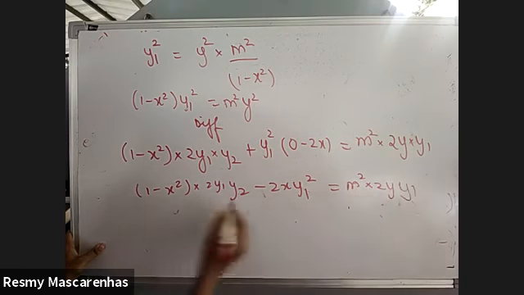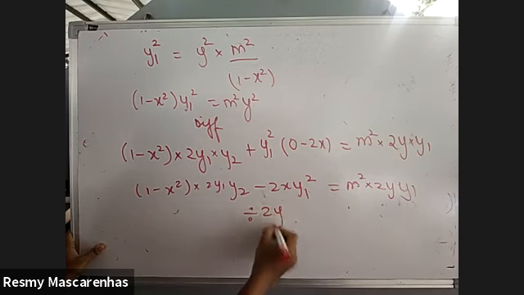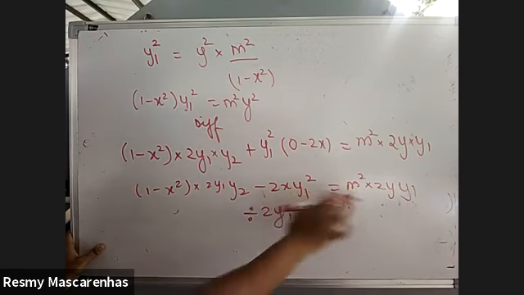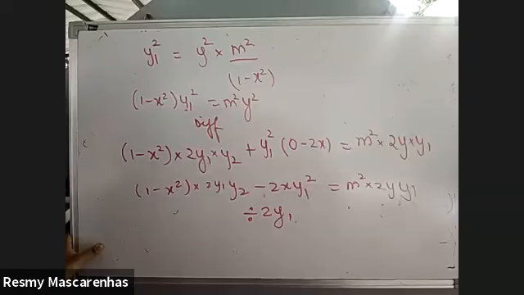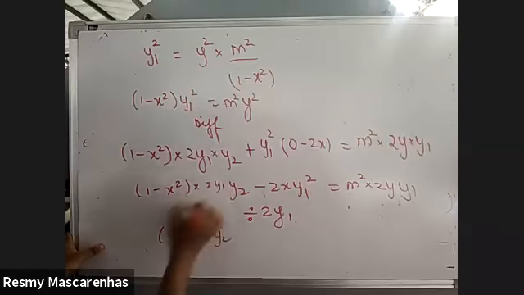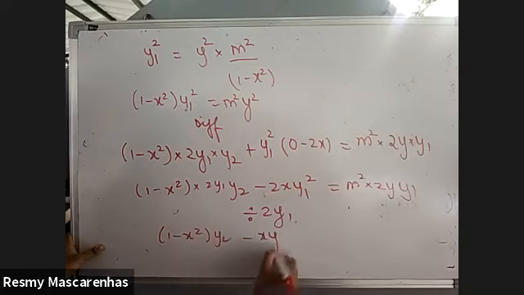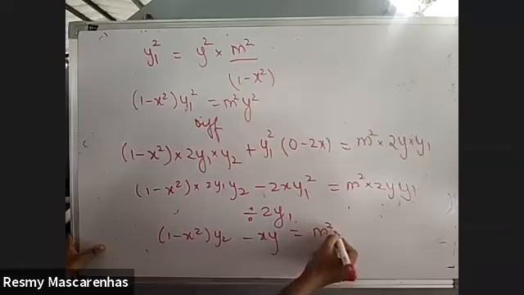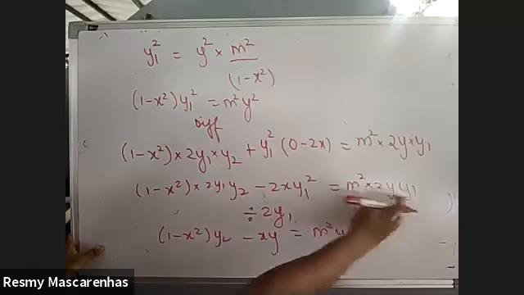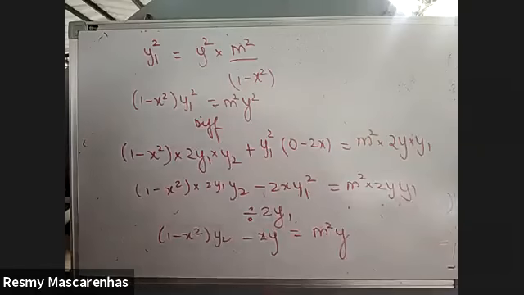Common everywhere is 2y1. So divide all the terms by 2y1. 2y1 will go. Here 2 will go, y1 will go. 2 and y1 will go and only y will remain. So this is how you will get the answer.